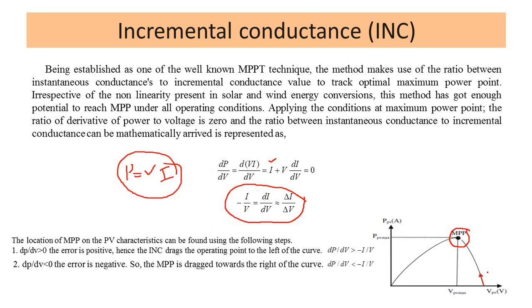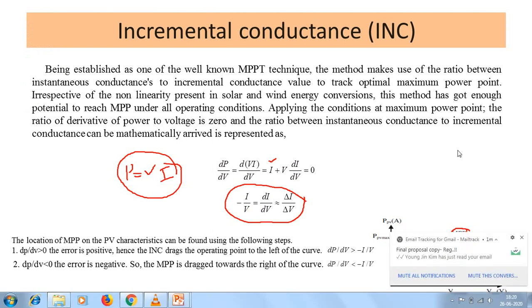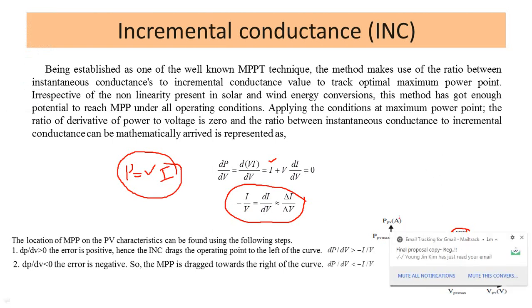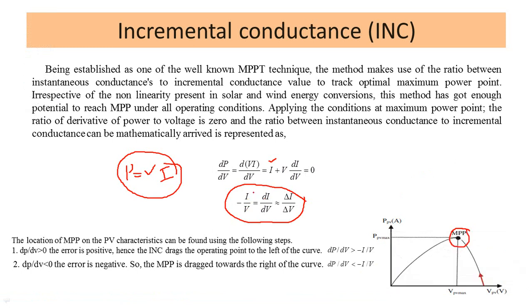Please take care, my dear students. Yes, dear students, we have got this minus I by V, which is nothing but your incremental conductance. This conductance that we have taken based on this particular point, I by V and del I by del V, means your change in current and change in voltage at the MPP is always going to be 0.